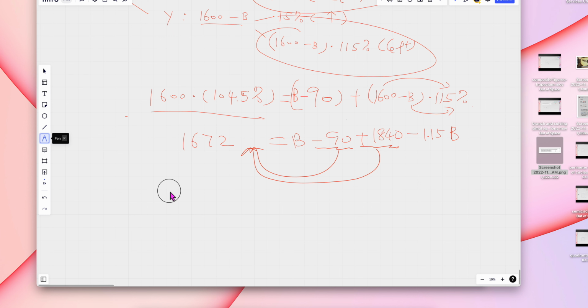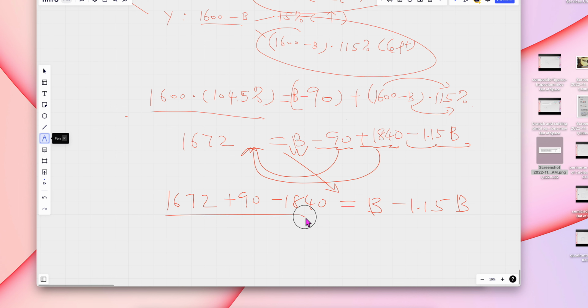So just continue. 1672, no movement, so no change. Minus 90, move over, become plus 90. Plus this, move over, become minus. Equal sign is still equal sign, right? So this one no movement, 1.15.